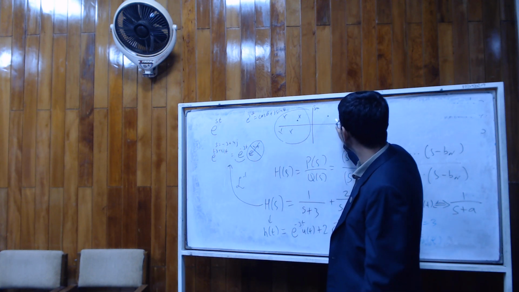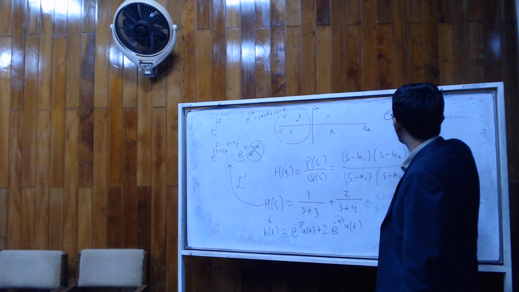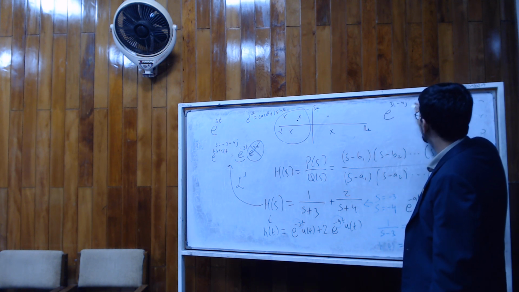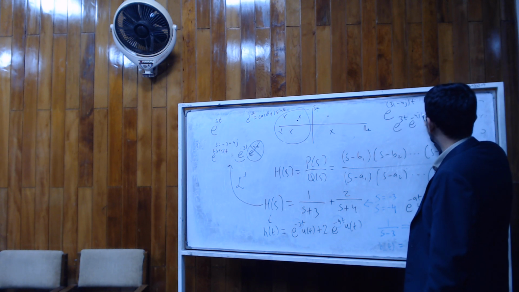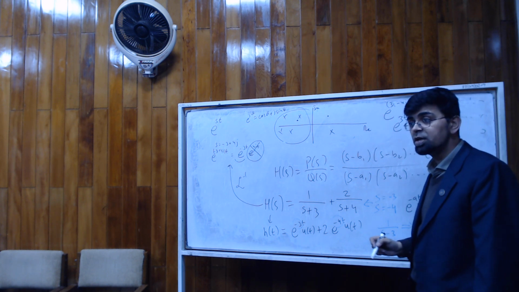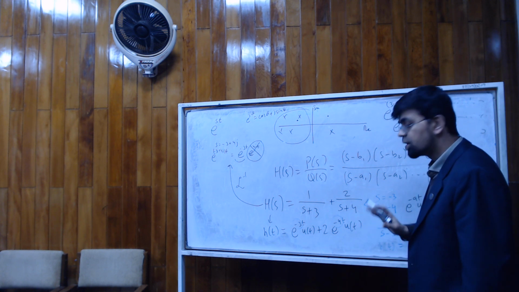So if you were here, for example, maybe you are looking at e^{(3-4j)t}. Now look at this: e^{3t} times e^{-4jt}. This is just a sinusoid. This is exponentially growing. Your system has become unstable. Clear?